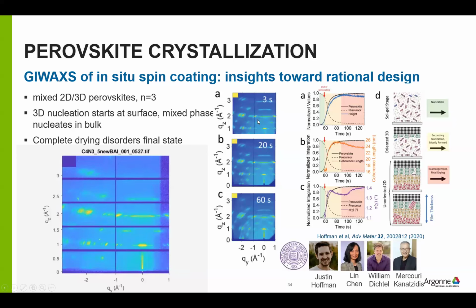And as time goes on, the ordering is a little bit worse because nucleation starts at the interface and then propagates down into the bulk. And once all the solvent's removed, things become a little bit more disordered and the correlation lengths actually decrease.